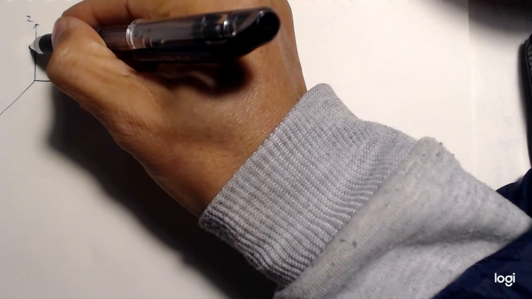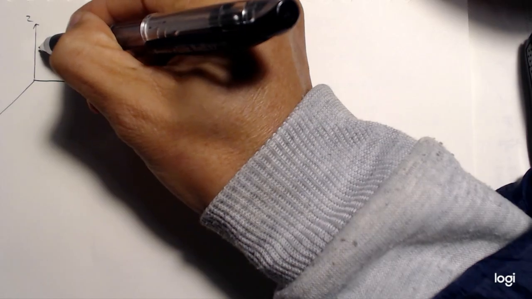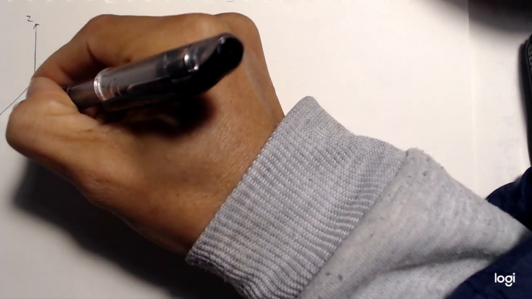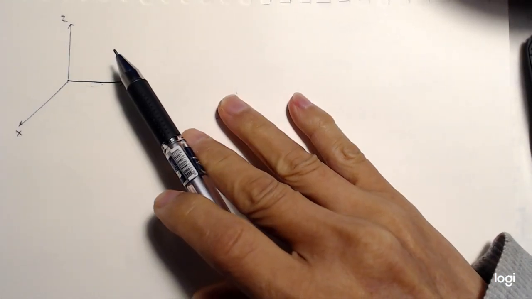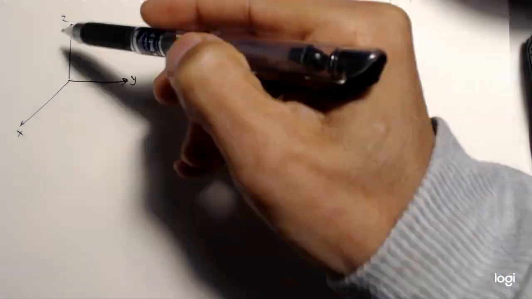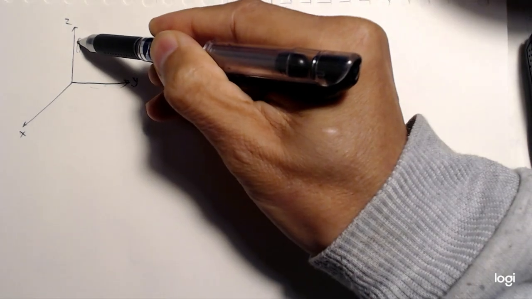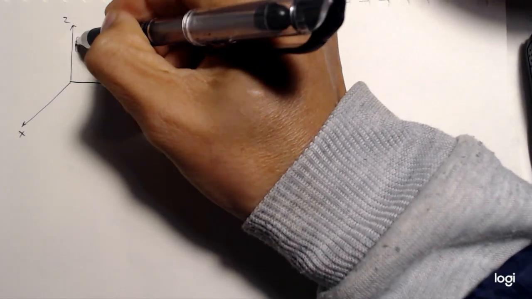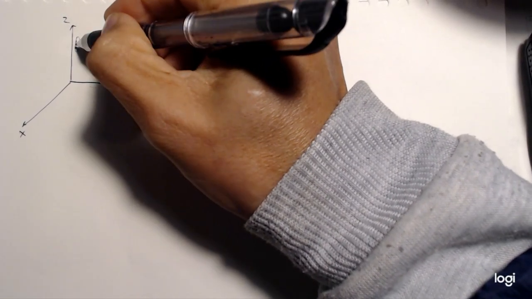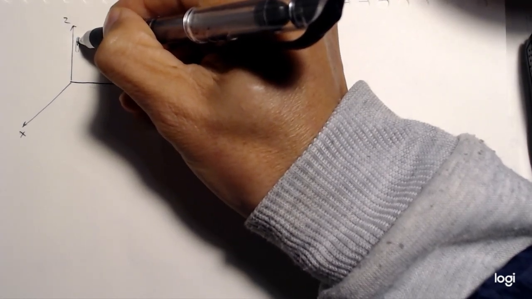The magnetic current is parallel to the xy plane. So this is the xy plane. This means the loop must be in this orientation. The radius here is a.